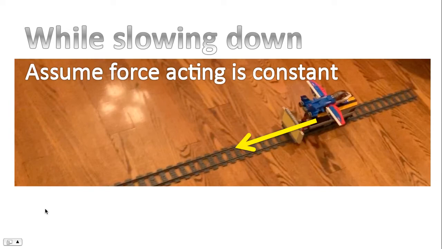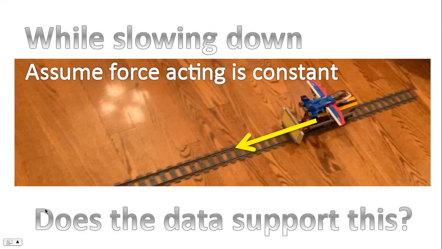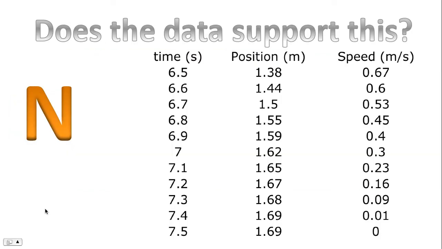Now, while slowing down, we made this assumption. We assumed the force acting was constant. Is this assumption valid? Does the data support this assumption? So let's look at our data.